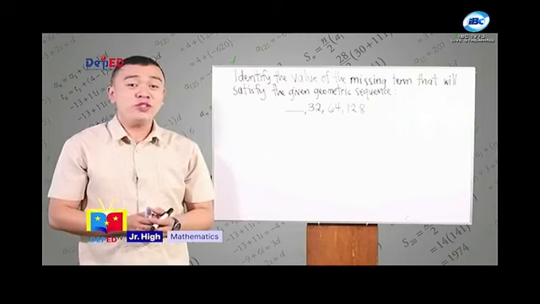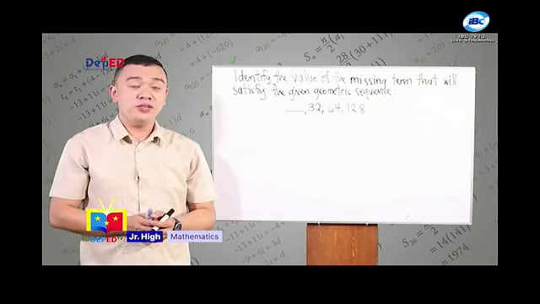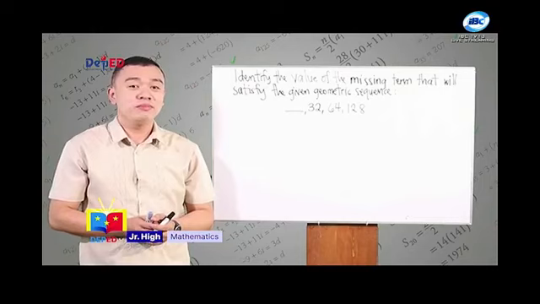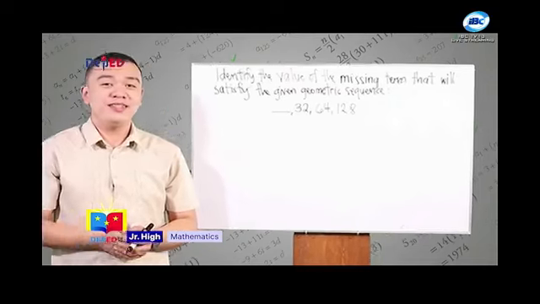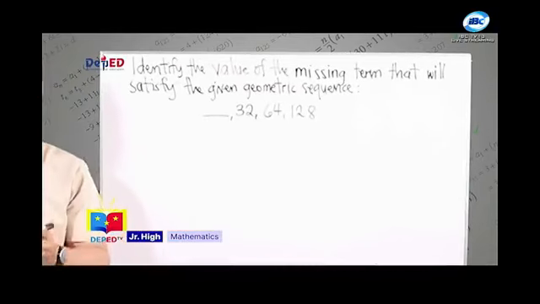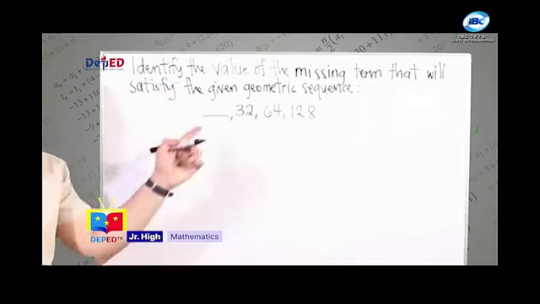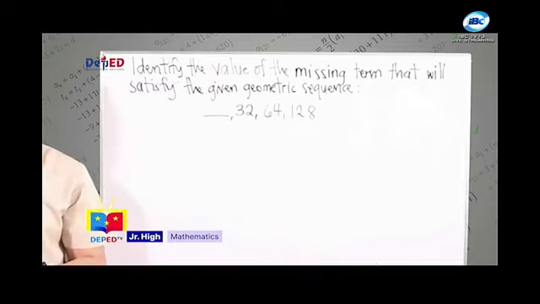How about if the first term is missing, just like in this example? Blank, 32, 64, 128. The missing term is a preceding term and comes before 32. What should we do next? Yes, we will determine the common ratio.